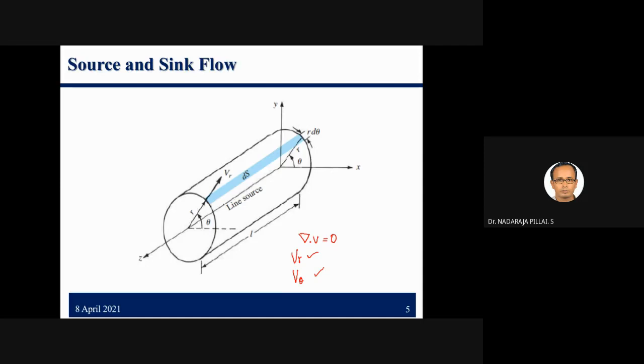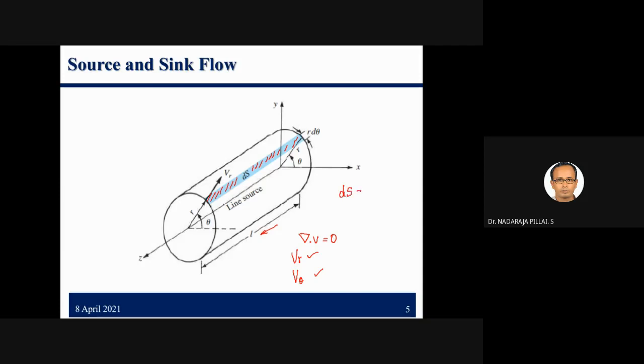Now let us consider this volume flow rate. We start with the volume flow rate and go on with the further derivation. The same source has a depth of length L, perpendicular to the screen, so it is a three-dimensional one. Now let us have the area. We can call this area ds.